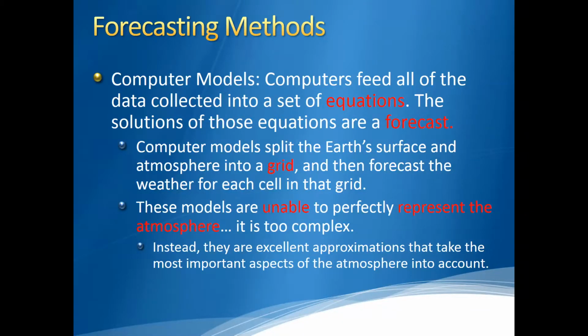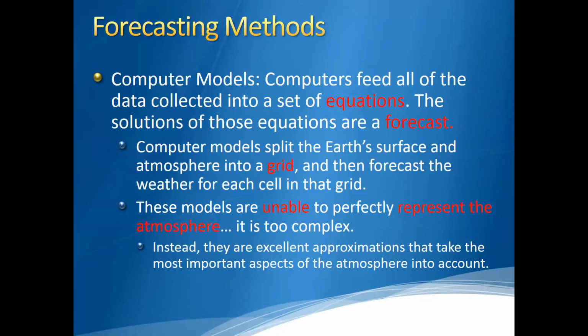And instead, all that you're left with are pretty basic equations of the atmosphere. You then plug the data that you have into those equations, so you plug the current temperature into those equations, the current wind speed into those equations, the current air pressure into those equations, and then those equations are calculated and they spit out a forecast.